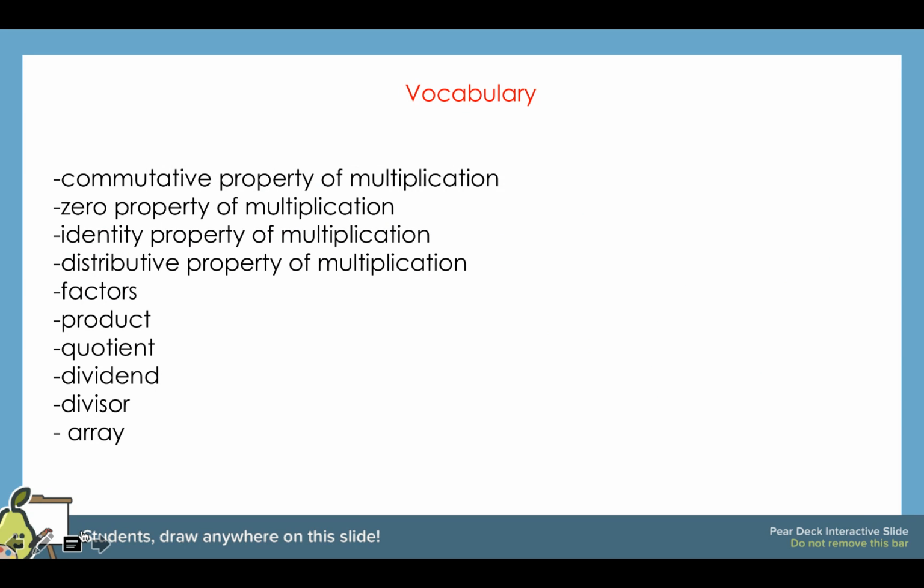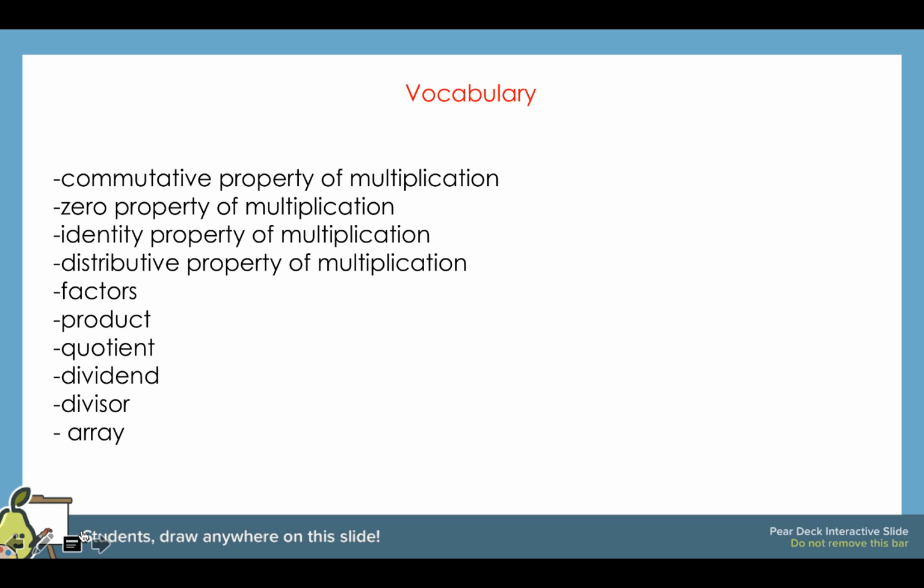Once again, this is our vocabulary. The commutative property of multiplication, we're switching the factors. The zero property of multiplication, anything times 0 equals 0. The identity property of multiplication, a factor times 1 will equal the other factor.